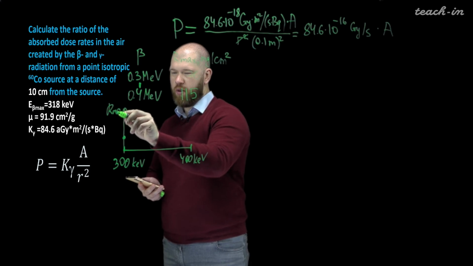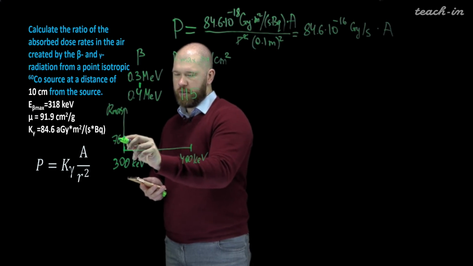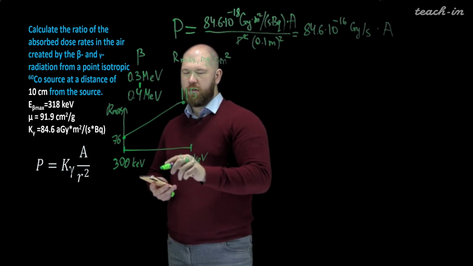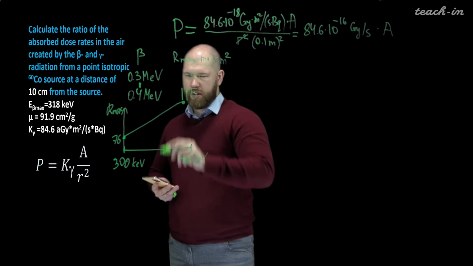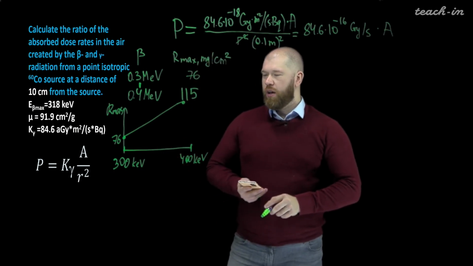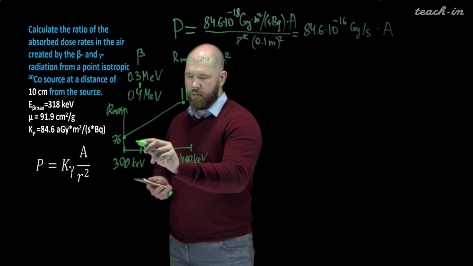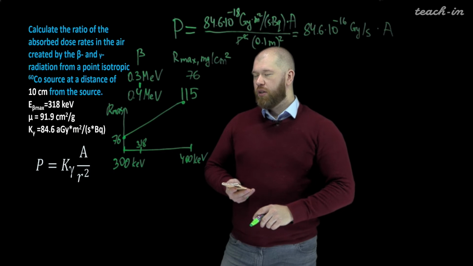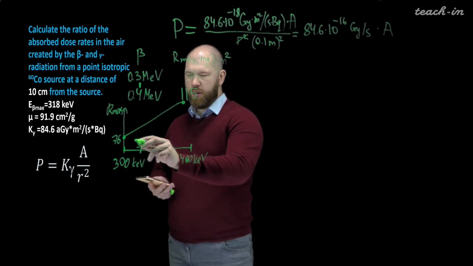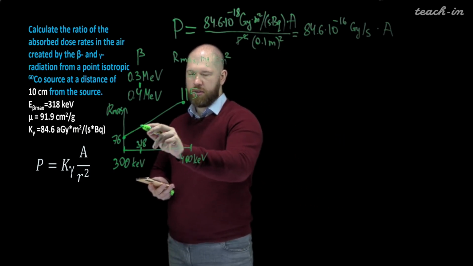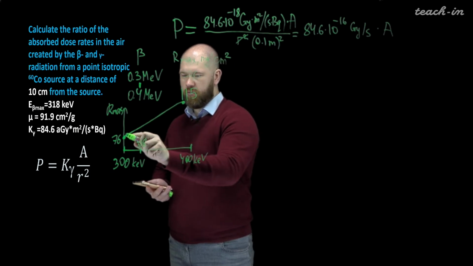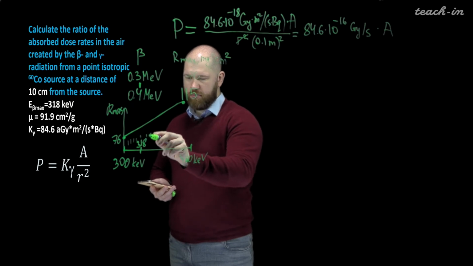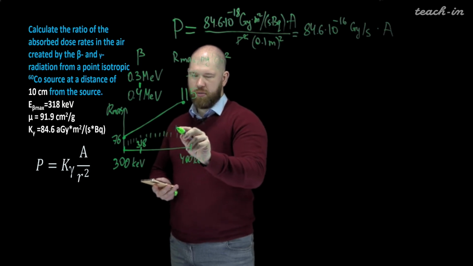Maximum range from 76, and we can assume that it is a linear relationship to 115, and we need to calculate it for 318 kilo electron volts. In this case, we can simply take all this line, divided it by the 100 pieces, so it's 100 pieces.